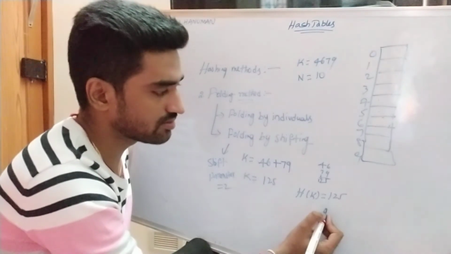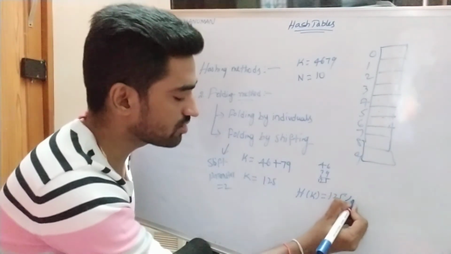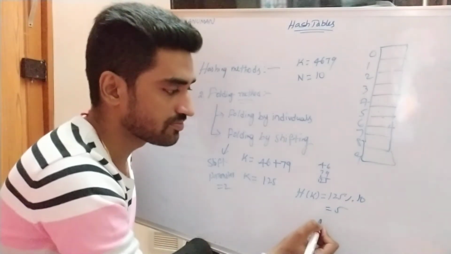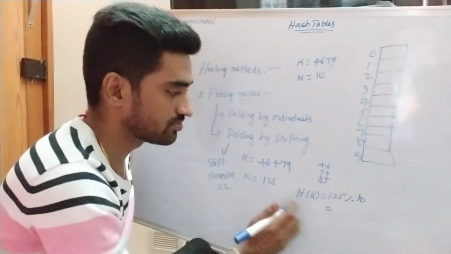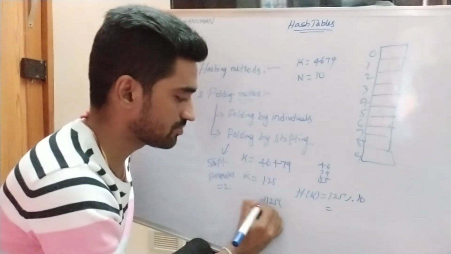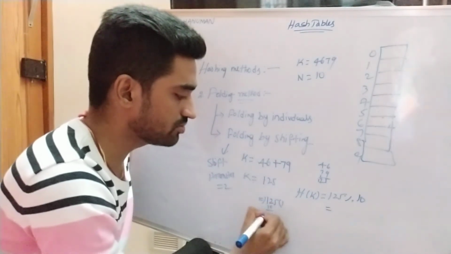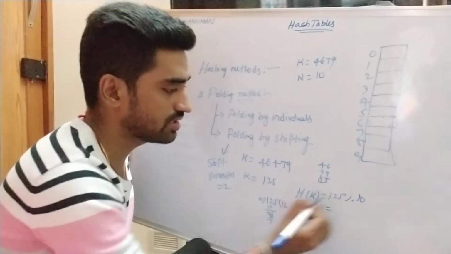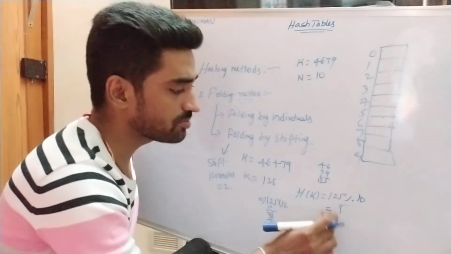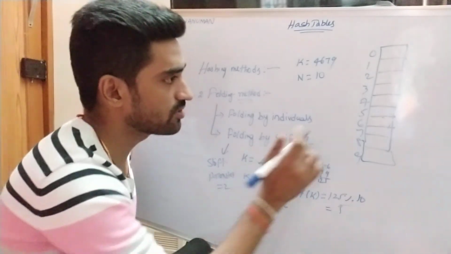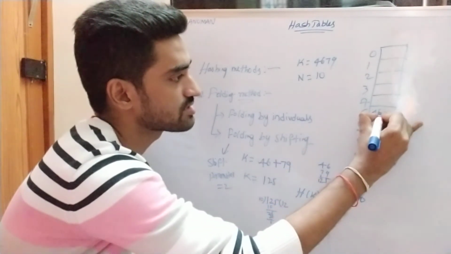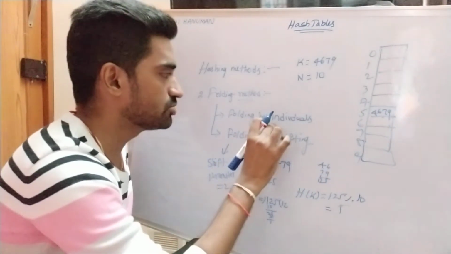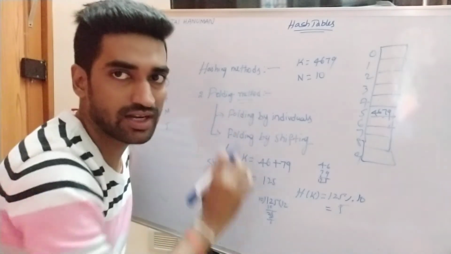So 125 modulo 10. The remainder value is: 10 ones are 10, 10 twos are 20, leaving 5. So the remainder value is 5. So at the fifth position we are inserting 4679. These are the two methods presented in the folding method.